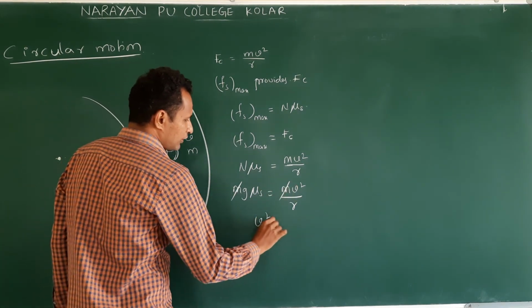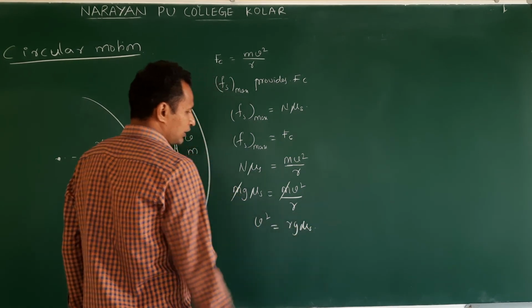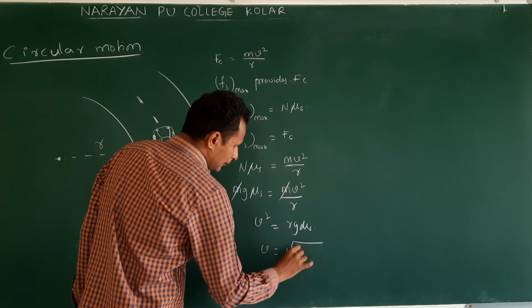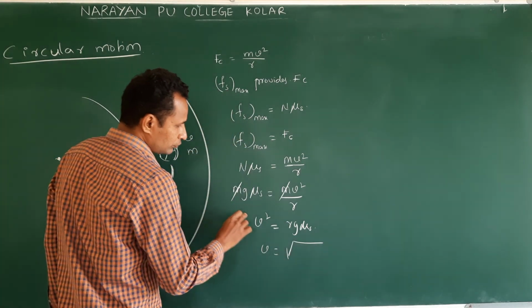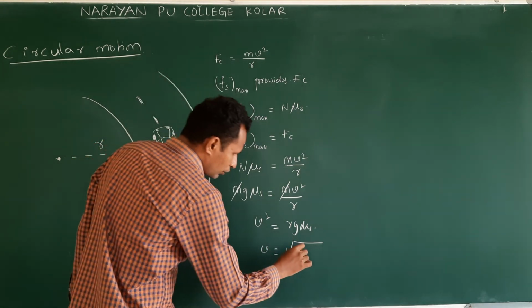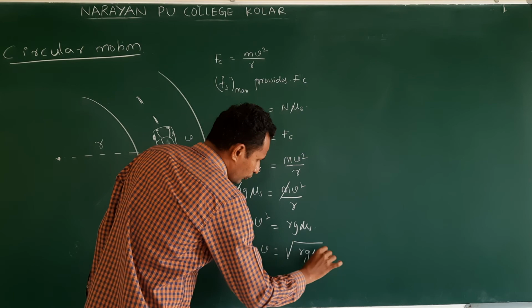So v square is equal to r g mu s, and v is equal to root of r g mu s.